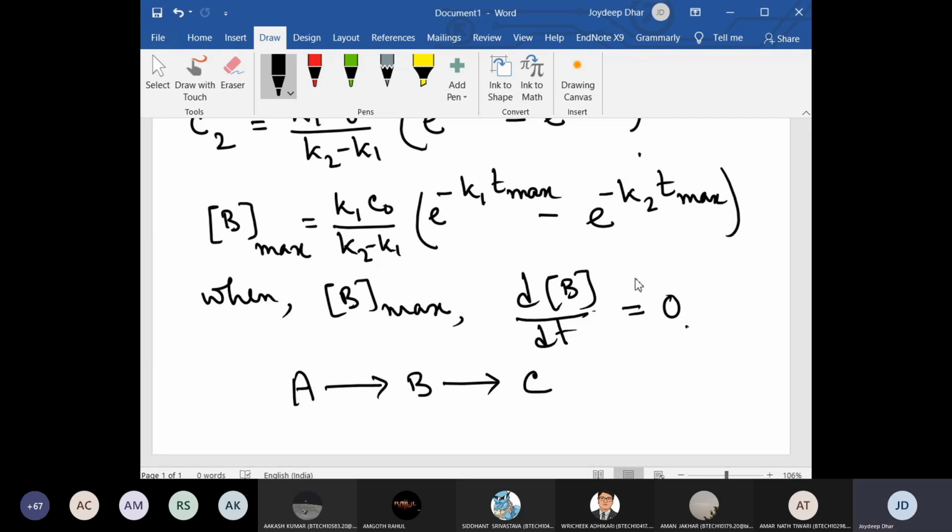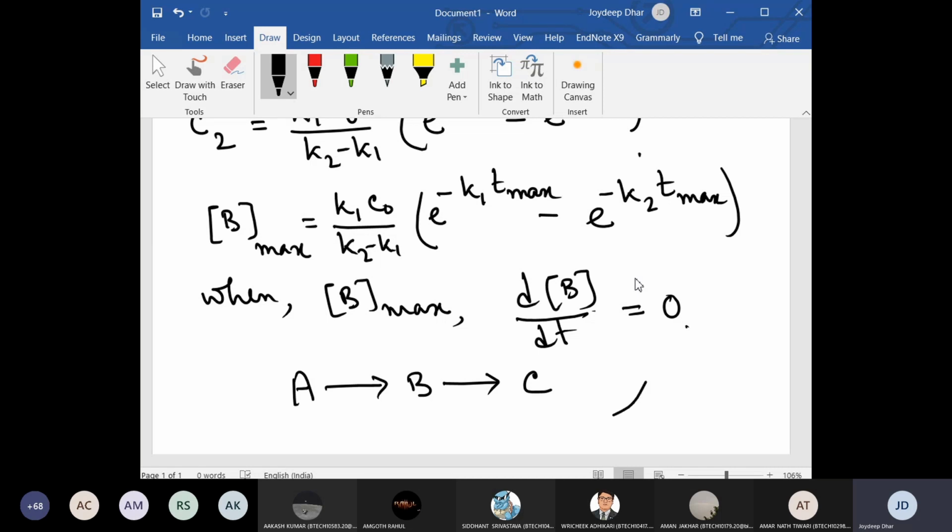When B is maximum, then the rate at which B is forming is equal to the rate at which B is consuming, both are same, then only B will reach maximum amount. So its concentration with respect to time will not change.